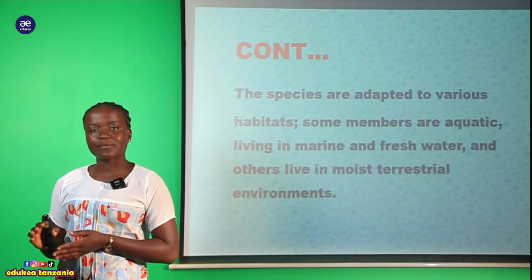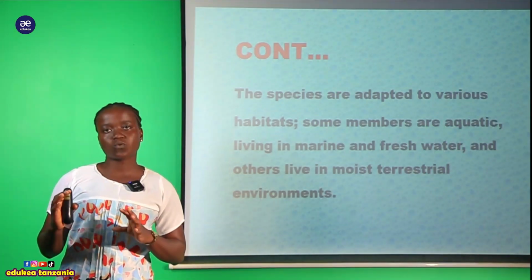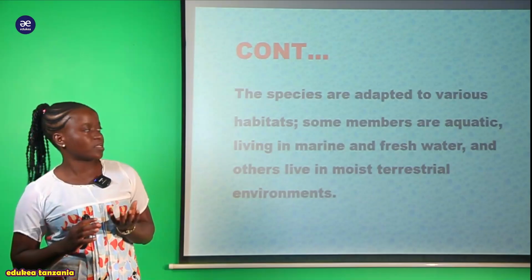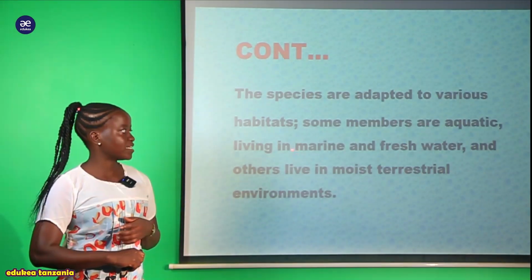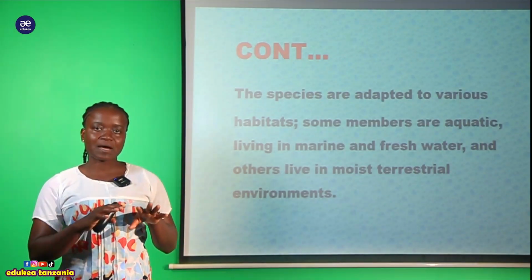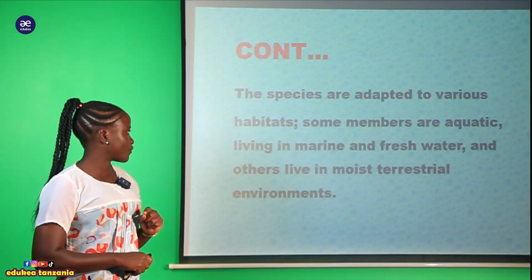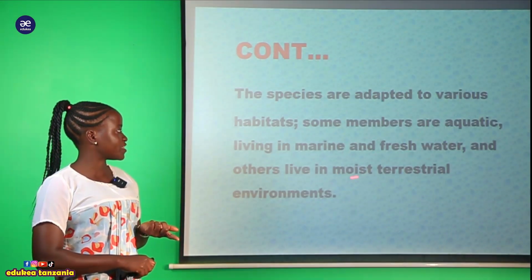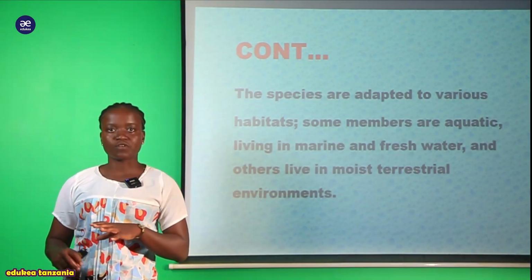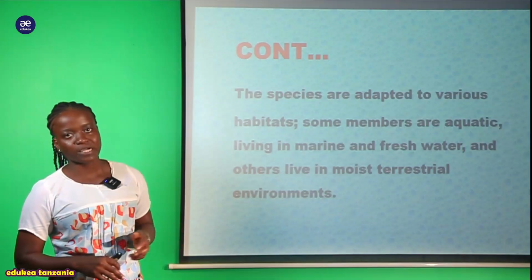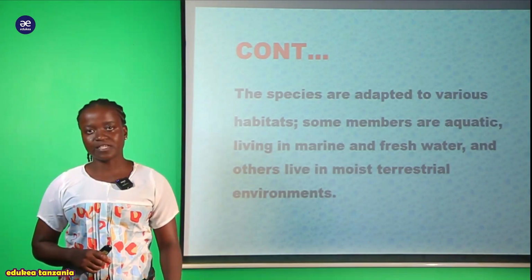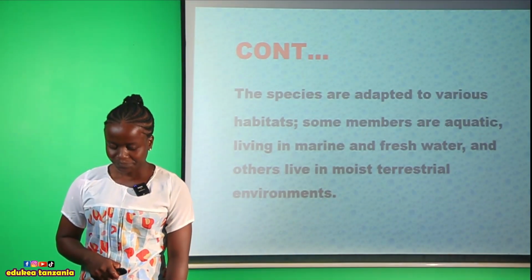Hawa organism wanapenda sana kuishi kwenye sehemu ambayo kunakuwa na unyevu. For example, kwenye aquatic living marine, sehemu ambapo kuna maji, and also kwenye fresh water, and others live in the moist terrestrial environment. A good example here, you can take the leeches and the earthworms.